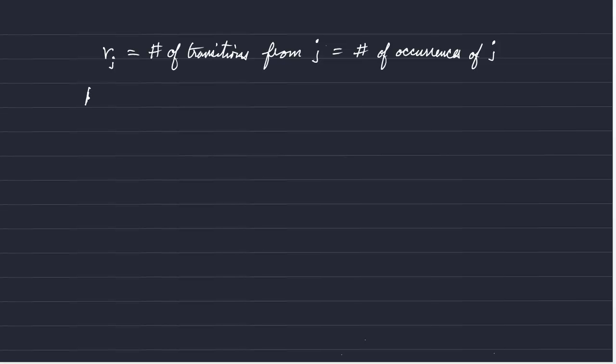And so the marginal probability of j, that is the probability of j anywhere, independent of what occurred prior to it, is simply equal to the number of occurrences of j divided by the number of all transitions.